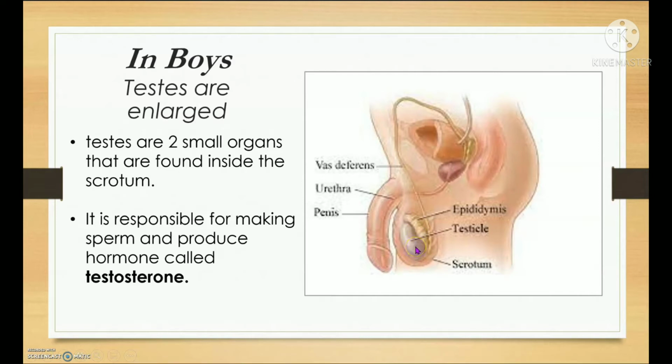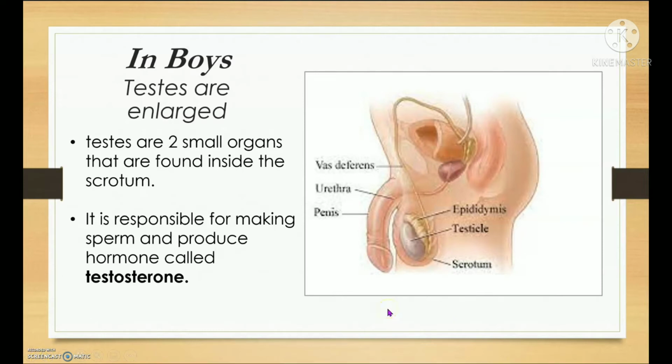Testicles or testes are also the ones producing hormones. In boys, it's called testosterone. Everybody repeat after me. Testosterone. Very good. So, testosterone is involved in puberty. Okay, so let's ask some questions.